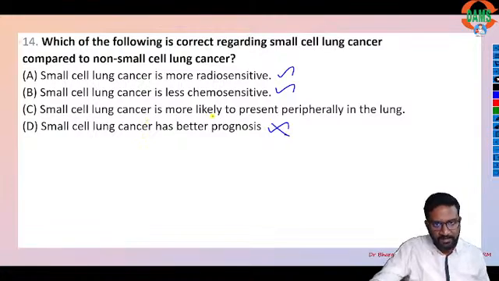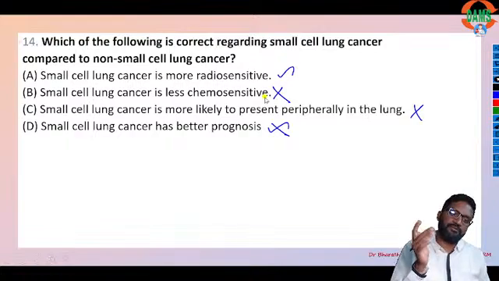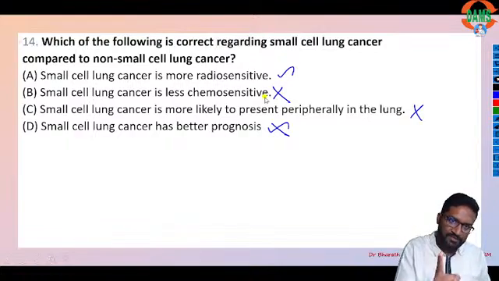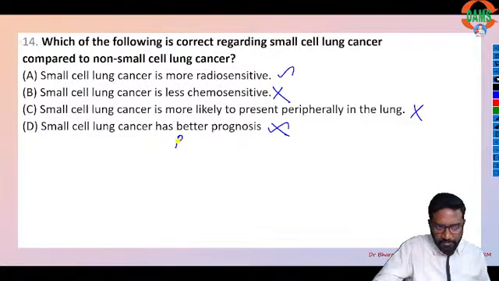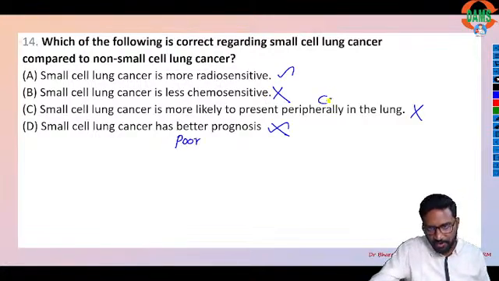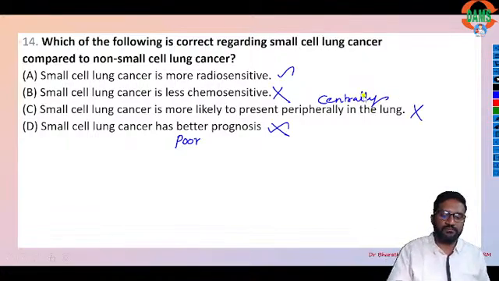More likely to present in the periphery of the lung? This is also false. Less chemosensitive? False. Actually, small cell is more radiosensitive and more chemosensitive, has poor prognosis, and is centrally found. So the best answer is option A.